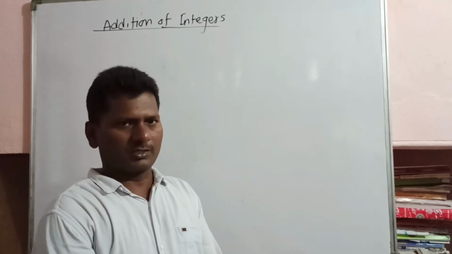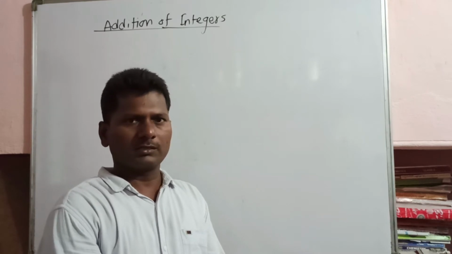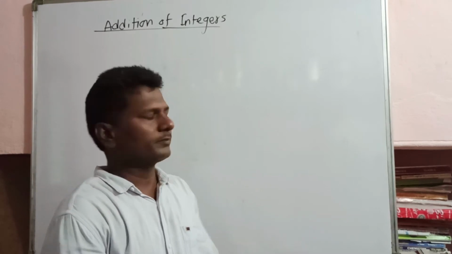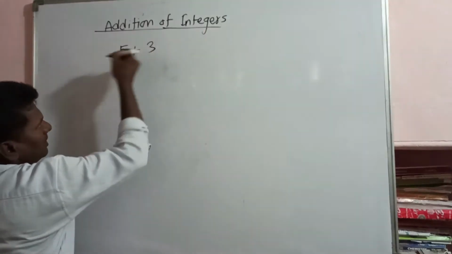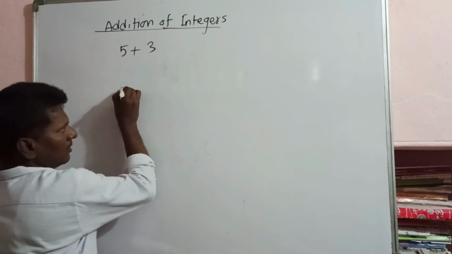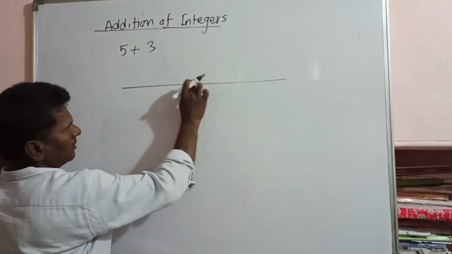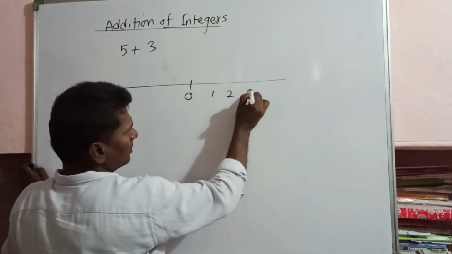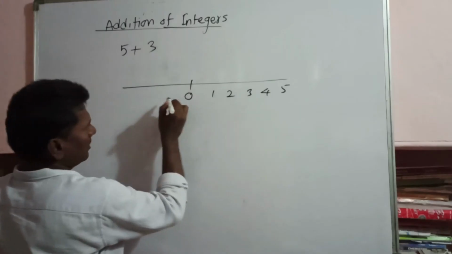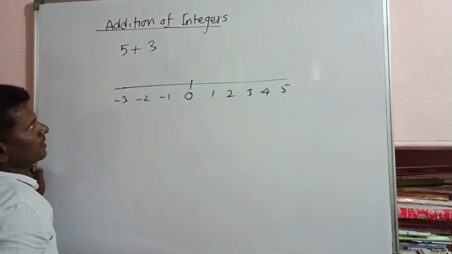Addition of integers. Let us add 2 integers using a number line. I am taking one example, 5 plus 3. Draw a line. Here I am writing 0, 1, 2, 3, 4, 5, minus 1, minus 2, minus 3.